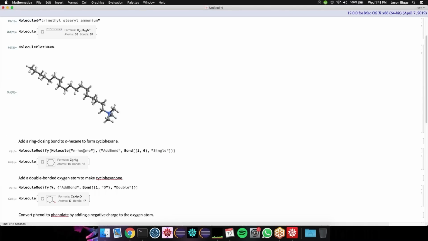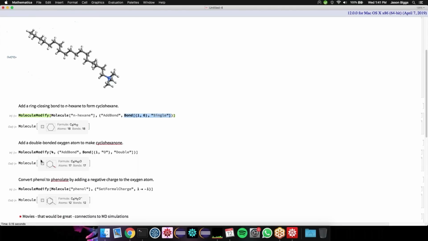Someone asked about reactions. We're definitely interested in adding chemical reactions in a future version. For now, we have a molecule modify, which can change a molecule. In this case, I create n-hexane, which is a straight chain of 6 carbon atoms with hydrogens, and I add a bond between the first and the 6th carbon, and it will create cyclohexane.